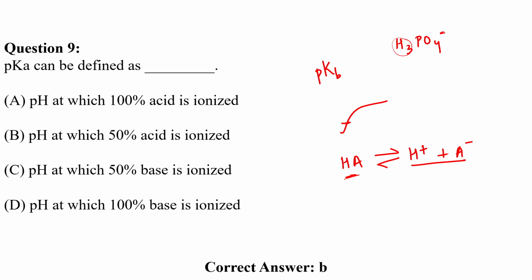So H3PO4 can become H2PO4 minus, then HPO4 2 minus, and then PO4 3 minus. Every time the acid is releasing a proton, it will have a particular pKa value for that proton. So every proton will have its own pKa value. At that particular pH, that particular proton will be ionized. Okay, I hope this is clear.